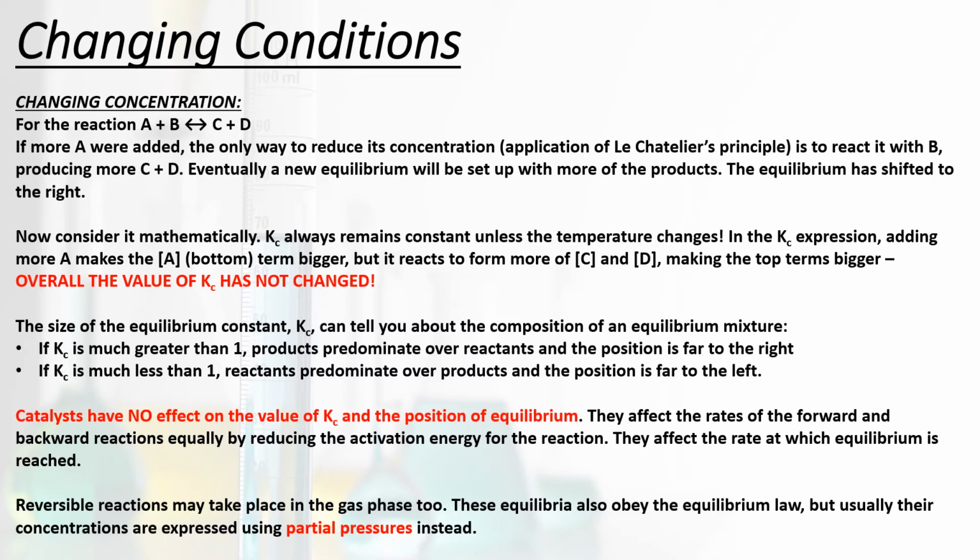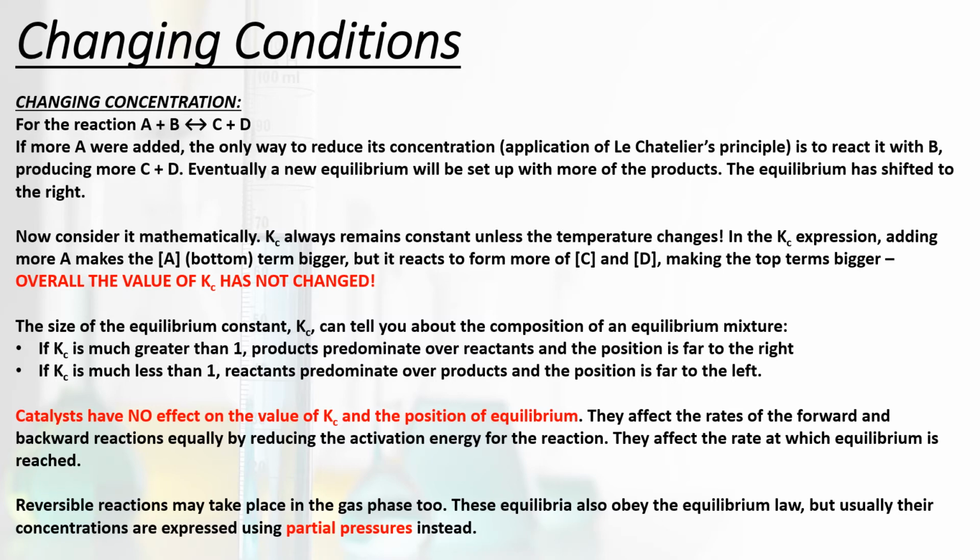Now if we consider it mathematically, Kc always remains constant unless the temperature changes. So in the Kc expression, remember, concentration of products over concentration of reactants, if I add more of this A, the concentration of A gets bigger, so the bottom of that equation gets bigger. But it reacts to form more of C and D, so the concentrations of C and D increase, which makes the top terms bigger.